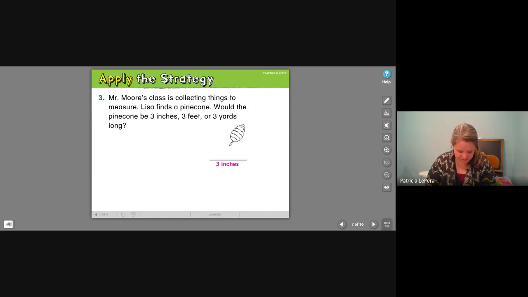Number 6 is an addition sentence. So try it out. I know you have to take what you know from the word problem and really focus on those measurements, okay? And good luck. Good job.